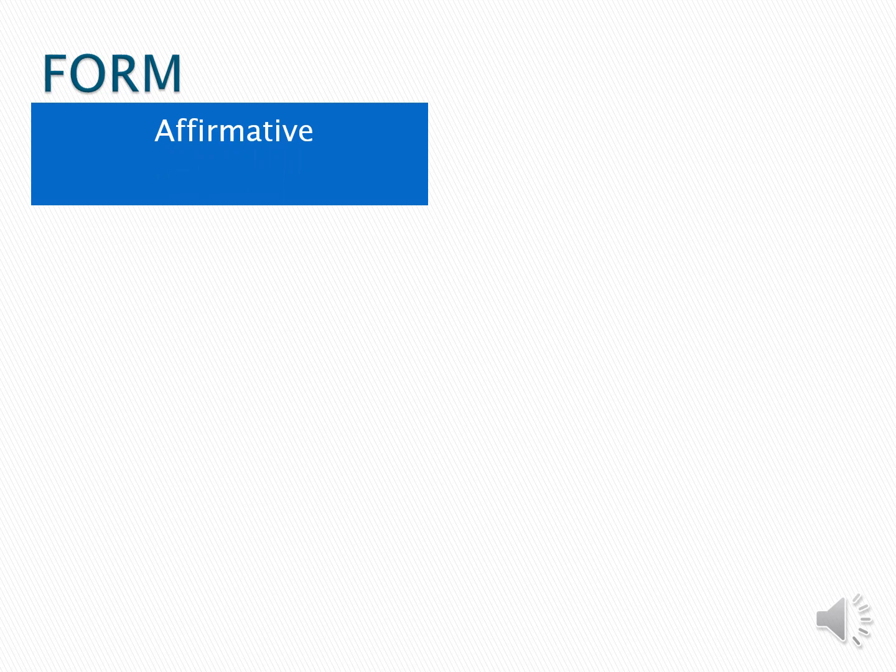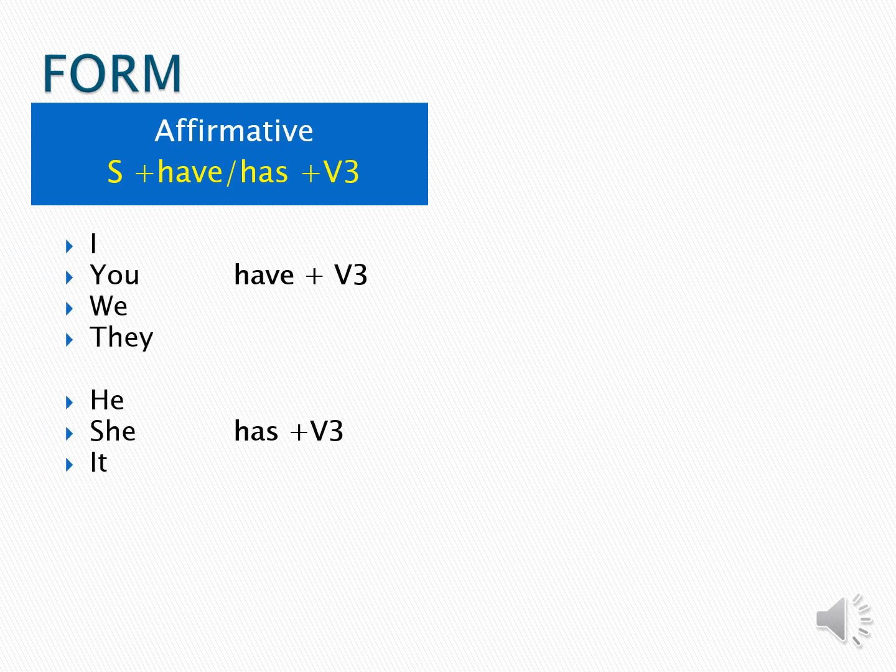First, we are going to see the form or the pattern for present perfect tense. We have affirmative sentence. The form for affirmative sentence is subject plus have or has plus verb 3. Several subjects use have, such as I, you, we, and they, while the other subjects like he, she, and it use has.